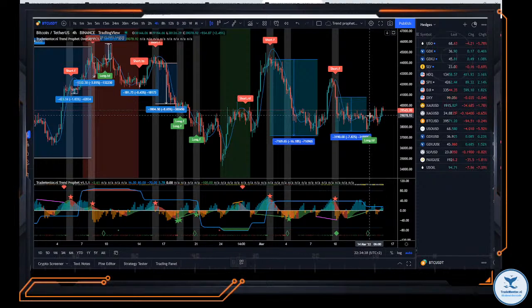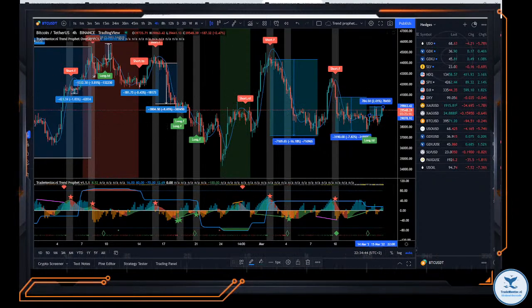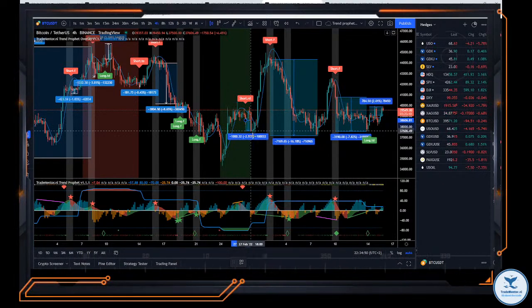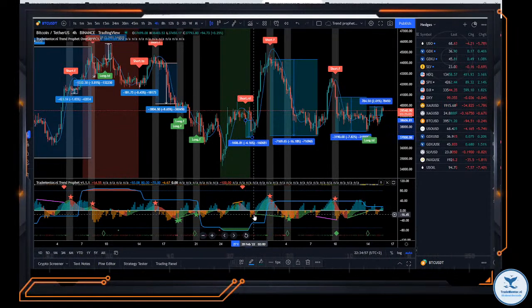Then we had that long flag that is still in play, currently sitting at 2%. This short here went in a bit late, so you probably hit your stop loss there, but if you had sat it out, because trend momentum was still going in the down direction, you could have made 4%.